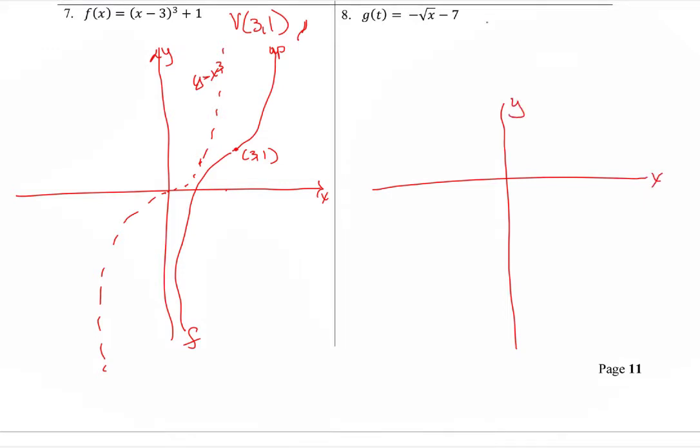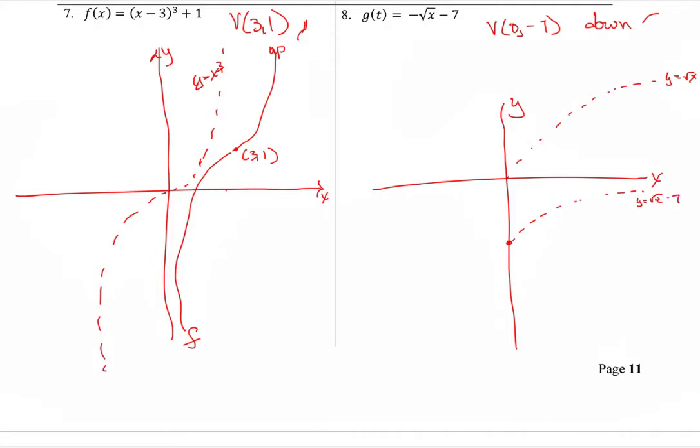Okay, my vertex is 0, negative 7. It goes down, and my original shape is this. So here is my original. So here is y equals the square root of x. Okay, I'm going down to 0, negative 7, so let's call it there. And so this is if I just moved it. So this is y equals square root of t minus 7.